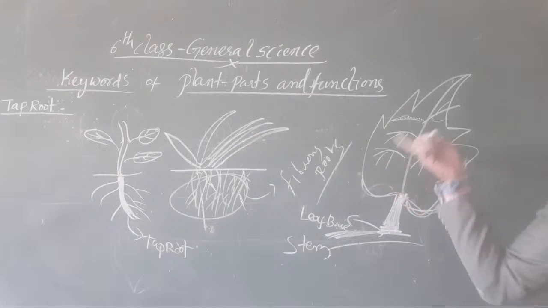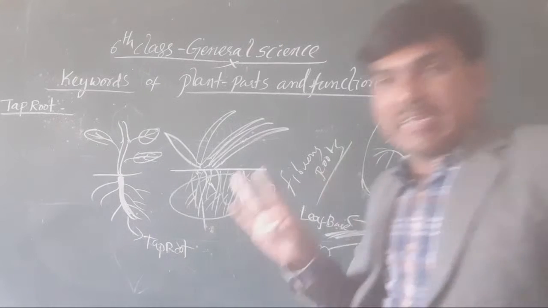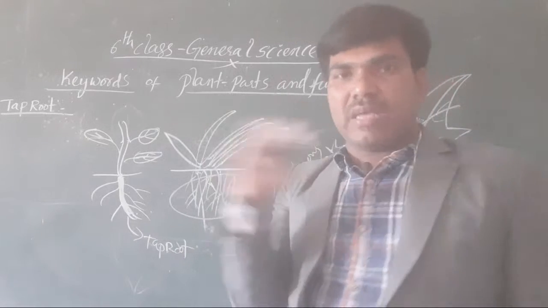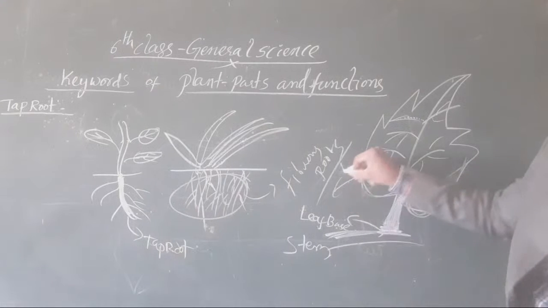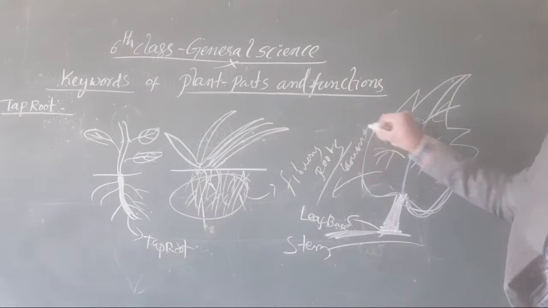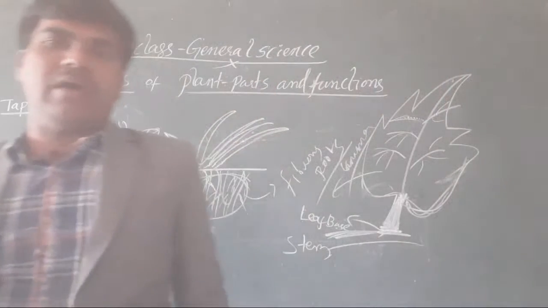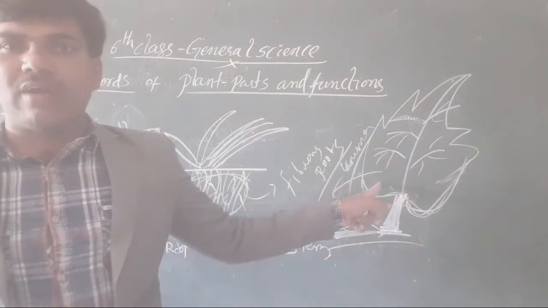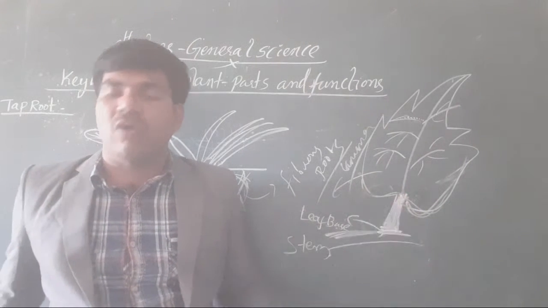Whatever this flat portion in a greenish nature on the leaf is, that is called the lamina. This is another keyword given in our textbook. Lamina means the flat portion of the leaf in the green color.